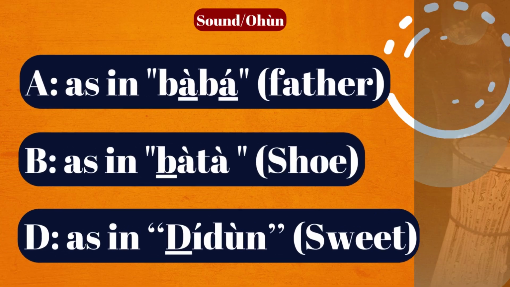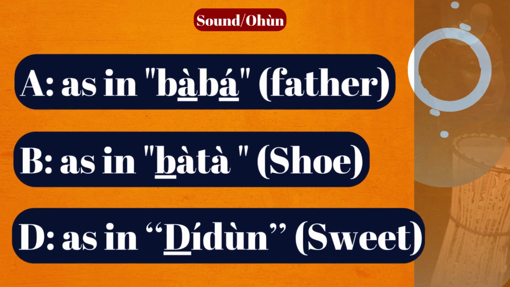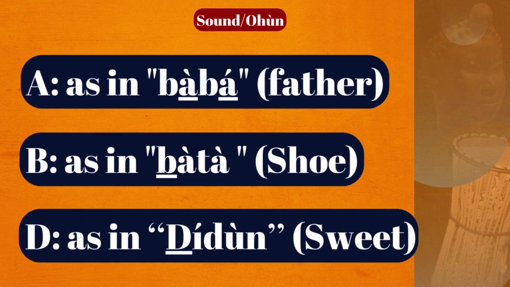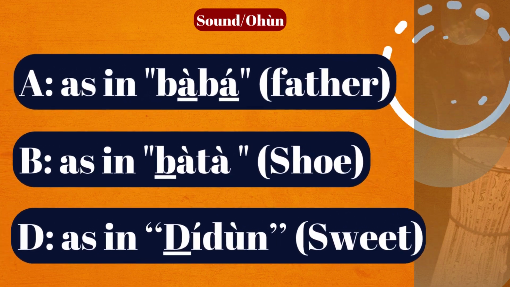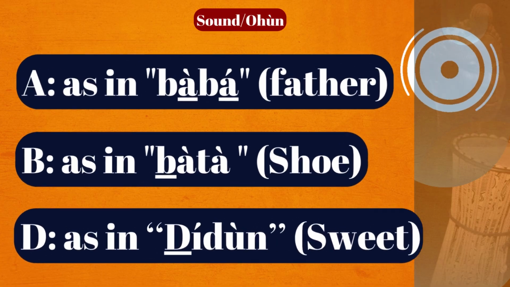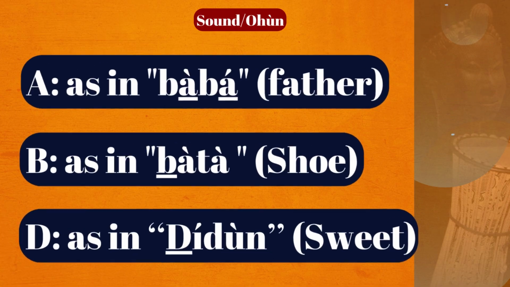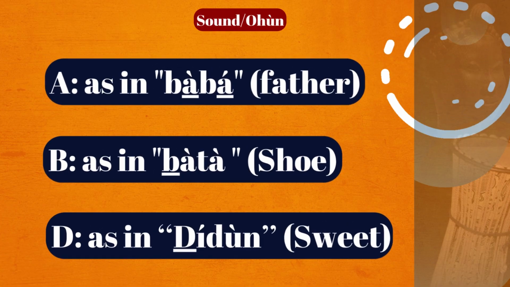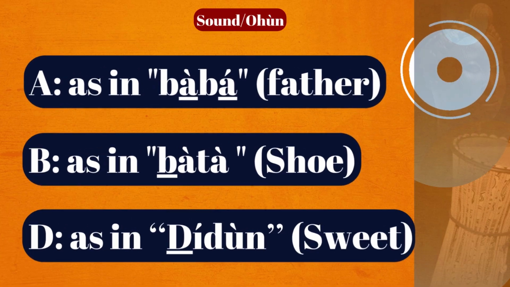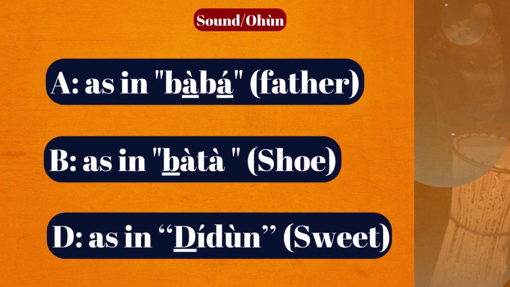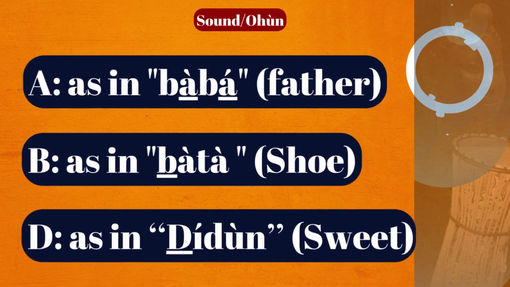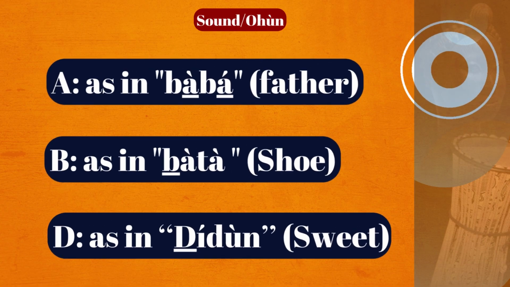D, dídùn, kí nǹkan dùn, something sweet, that's sweet. A is underlined, baba. B is underlined, bata, shoe. D, dídùn means sweet. Letter D is underlined.